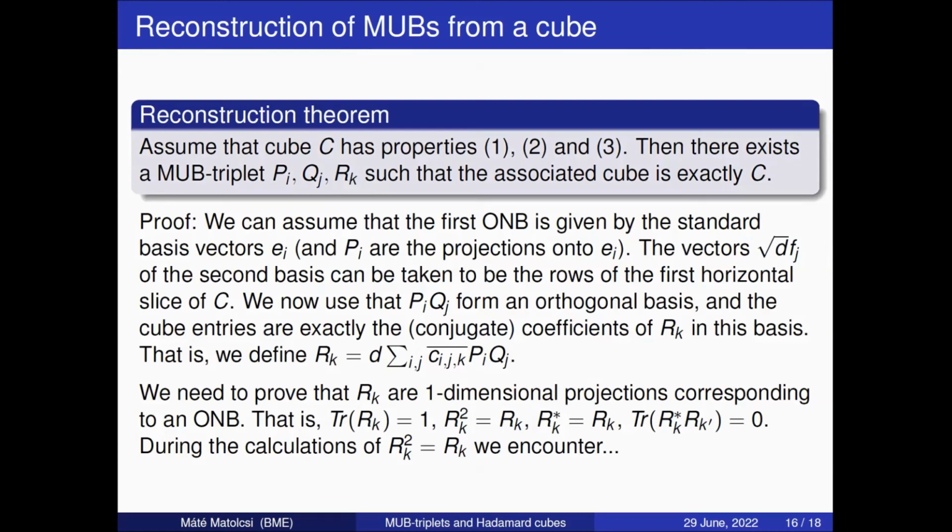And when you try to calculate such a thing, that R squared equals RK, you run into a lot of troubles, because when you square such an expression, you get quadruple products here. And you have to show that on the other side there are only quadratic products. How could that possibly happen?